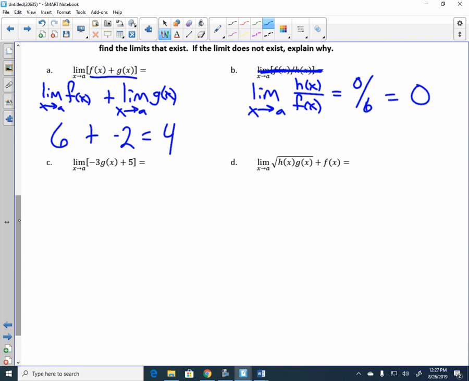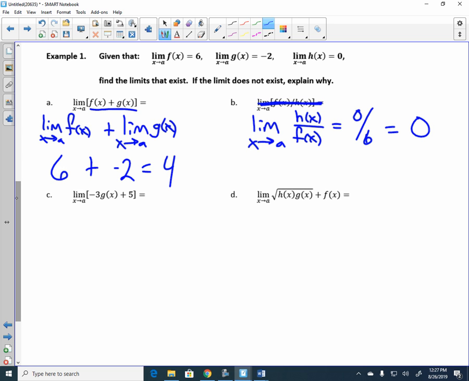Again, you could break this into a couple parts, but it's really not that big of a deal. What is the limit as x goes to a of g of x? Negative 2. So we end up with negative 3 times negative 2 plus 5, or rather 11. Do the last one on your own.